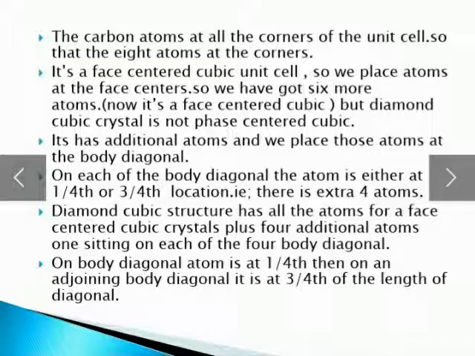Diamond cubic crystal has all the atoms of a face-centered cubic crystal plus 4 additional atoms, one sitting on each of the 4 body diagonals. On one body diagonal, the atom is at 1/4th, then on an adjoining body diagonal, it is at 1/4th of the length of the diagonal.